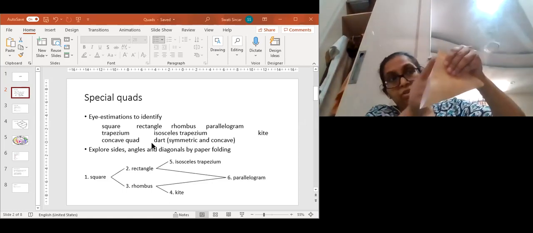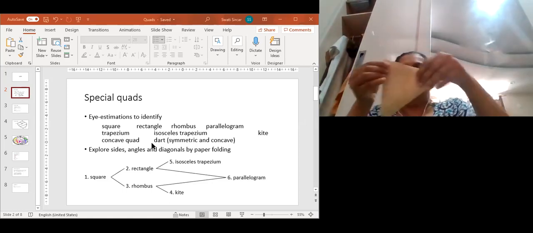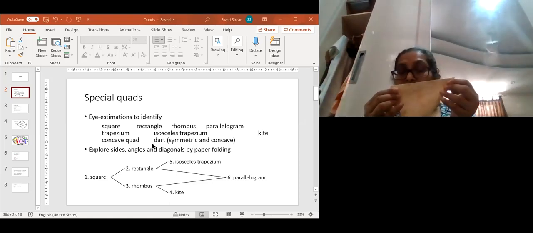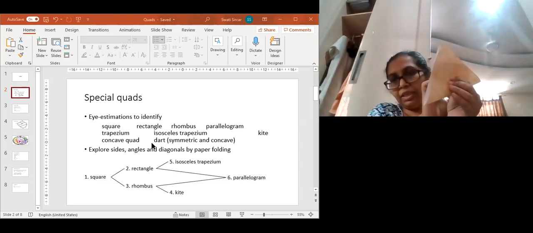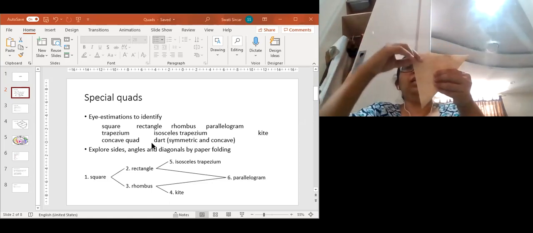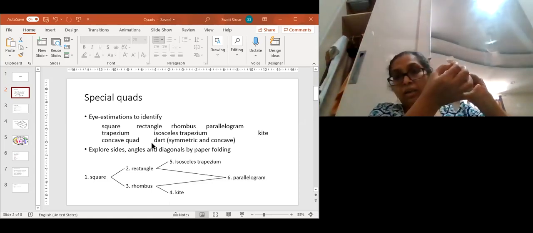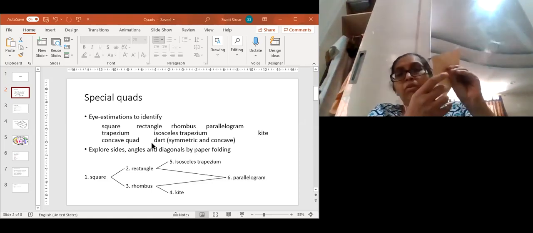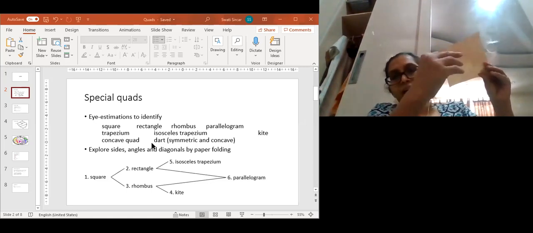These two are equal because they superimpose on each other exactly. Similarly, these two are equal. So you get two pairs of equal adjacent sides in the first fold, and you also get that these two angles are equal. Now, there are two ways you can go. Second, you can fold it this way.